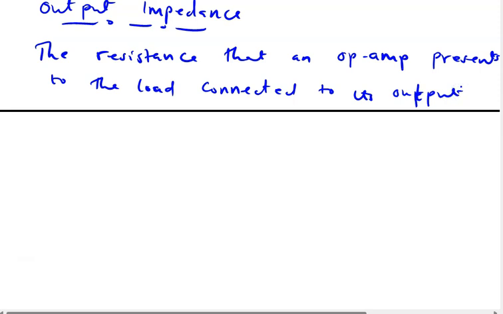Affecting how much the op amp's output voltage can change in response to varying the load condition. Okay, so that is it for the output impedance.